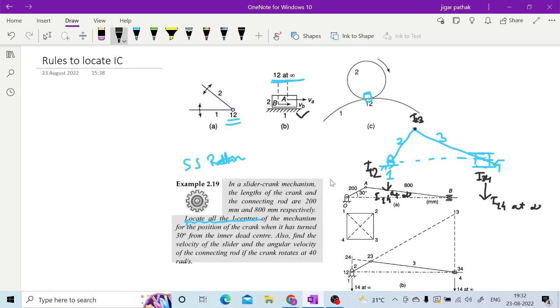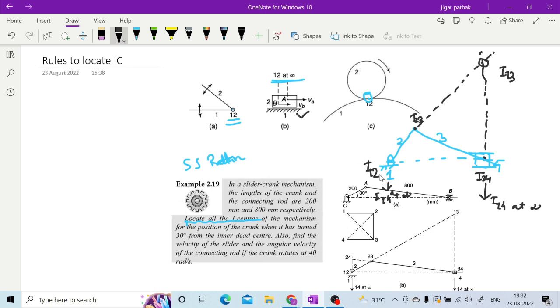Now in order to get I13 and I24, as you did in the four-bar mechanism, here in the slider crank mechanism also you have to extend lines. For getting I13, you extend 12 and 23. Similarly, on the other side you extend 14 and 34. The intersection will give you I13.